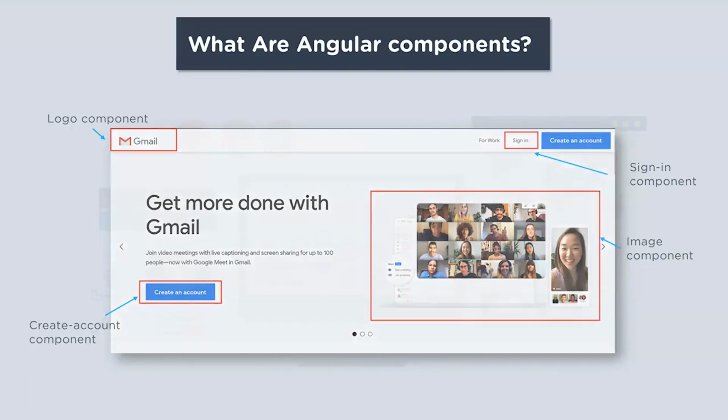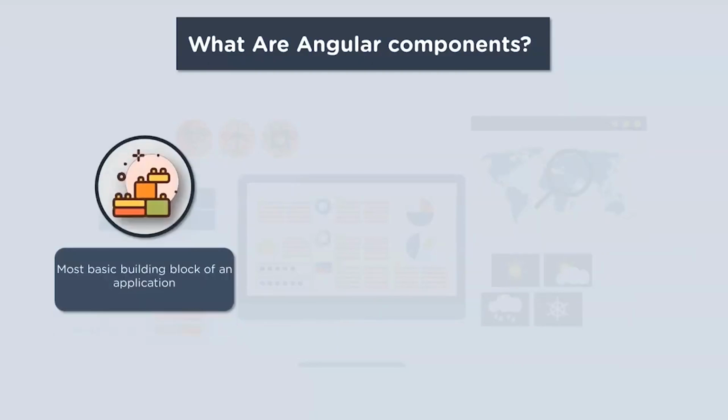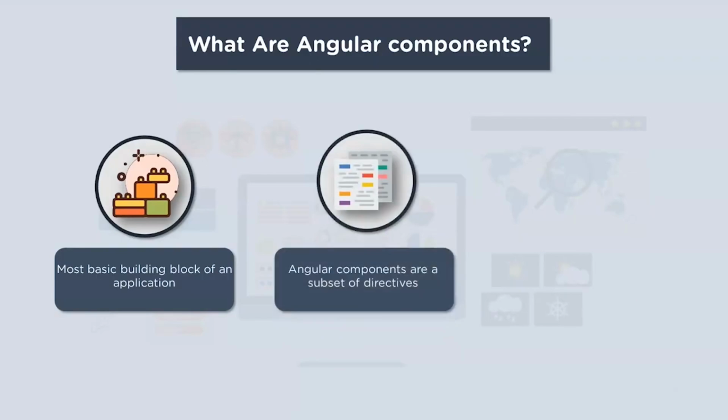So to go ahead, let's discuss some of its common features. Firstly, they are the building blocks of an application. Generally, you have a root component, which is basically the app component, and then it branches out into other components, creating a hierarchy. And these components are a subset of directives. Now, don't worry about what directives are because we'll cover them later on in the series.